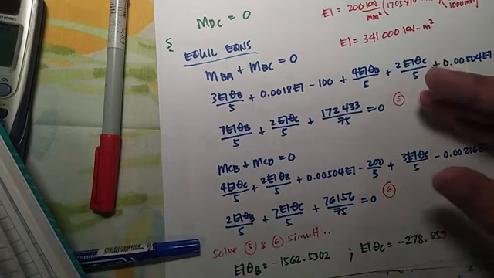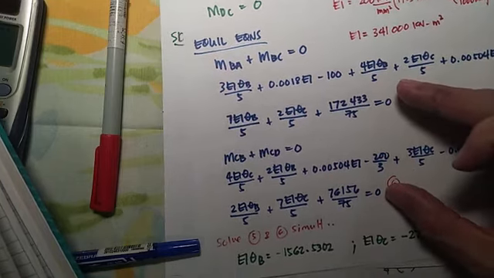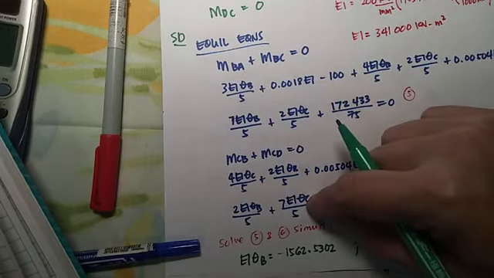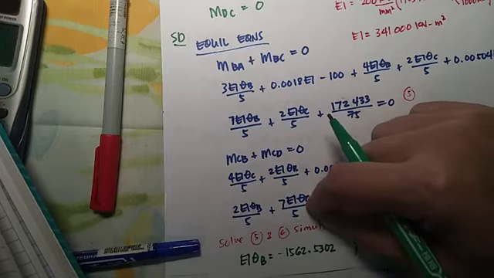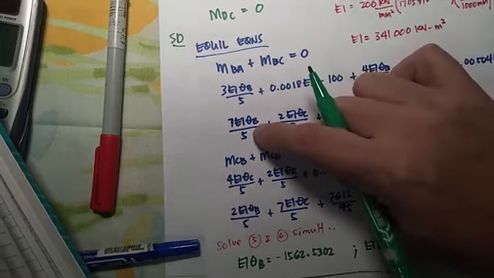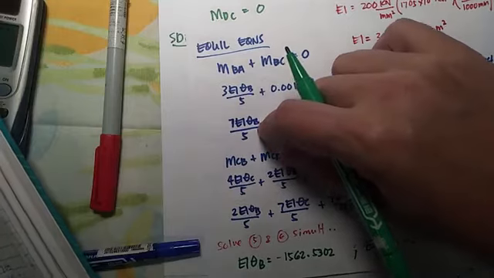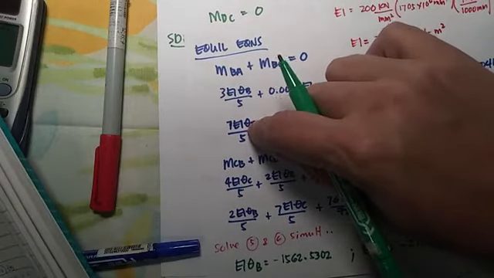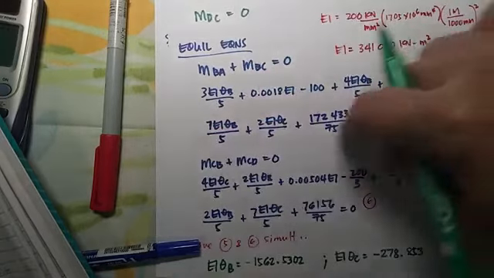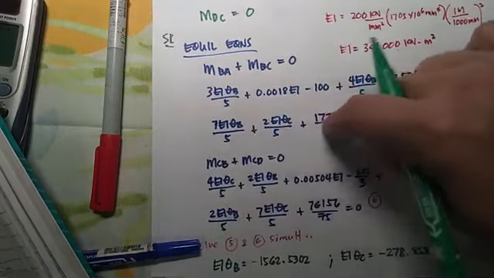Pwedeng gawin nyo is 2/5 tsaka pwede nyong gawin is i-multiply mo to para maging 2/7, no? Pwede mo i-multiply mo to ng 2/7 para siya maging 2/5 din siya. Everything 2/7.